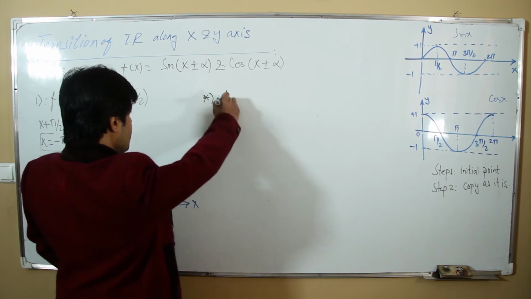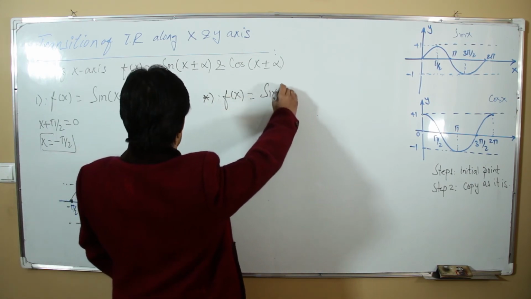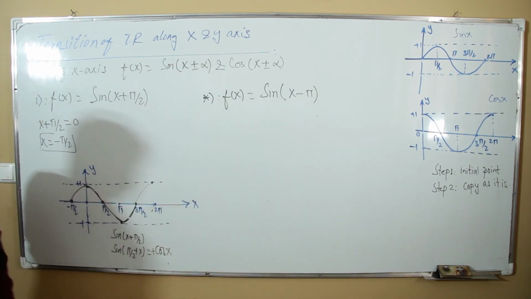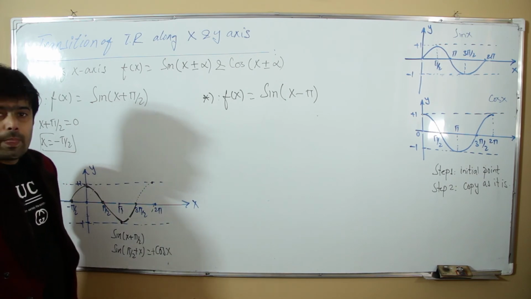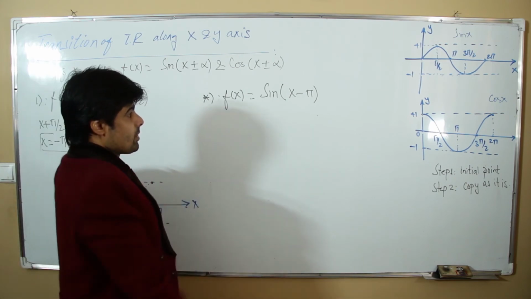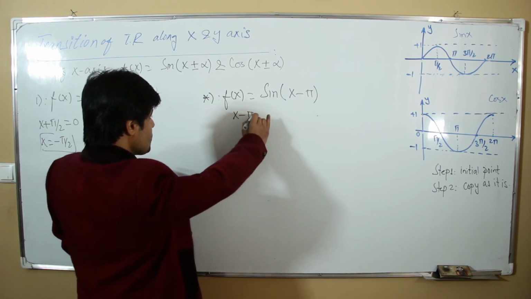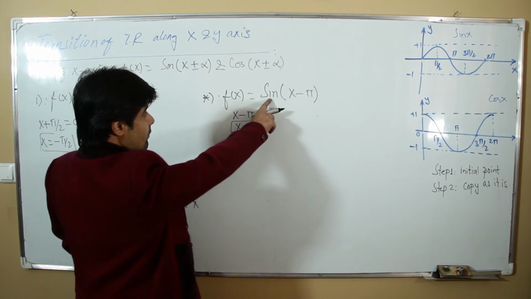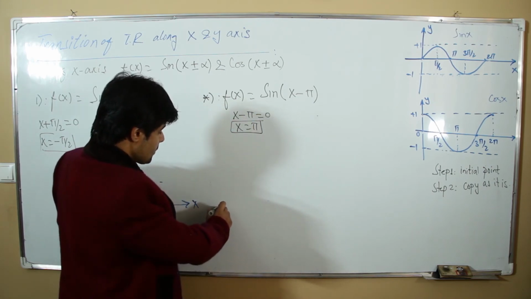Let me have another example. If I have f(x) = sine(x - pi). Now, how can you draw this graph? First, you have to find the initial point. x minus pi equals 0, x is equal to pi. It means the graph of sine starts from the pi point. Now, what is the graph of sine?